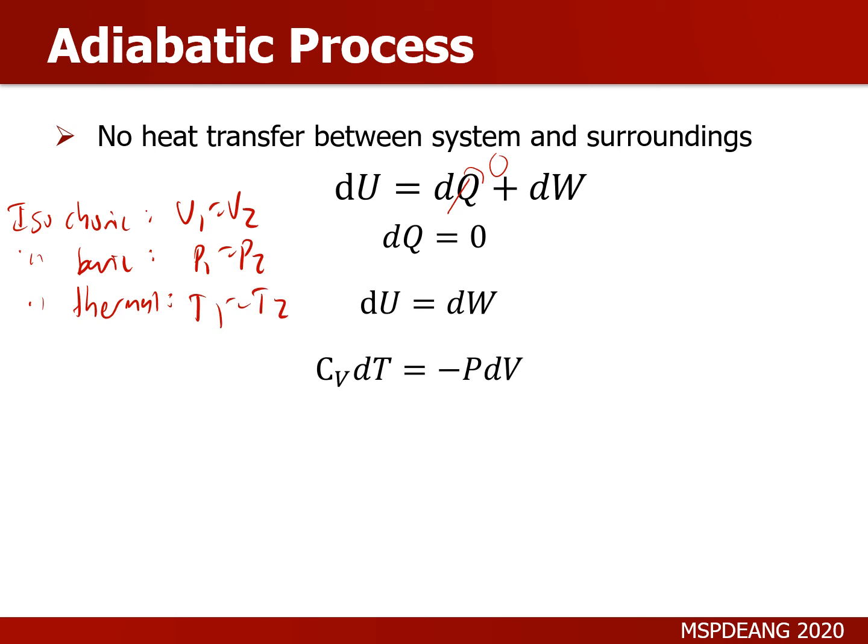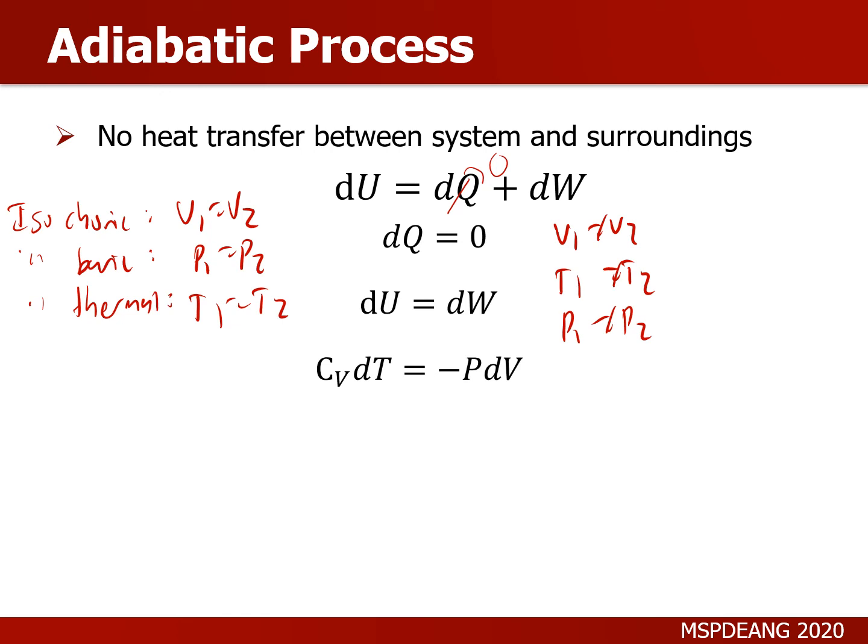So for these three simple processes, if we know one of the initial states, we also know one of the final states. However, for an adiabatic process, V1 is not equal to V2, T1 is not equal to T2, and P1 is not equal to P2. So there are now changes on all three intensive variables.